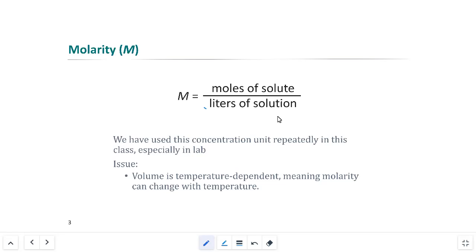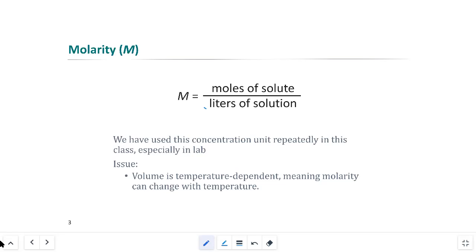Now, those differences may not be that much, but they're enough that if we are fluctuating over a wide variety of temperatures, our molarity is going to change significantly enough to notice as we go from high temperature situations to low temperature situations. And so for that reason, we can't use molarity in those situations because it's not a consistent value.